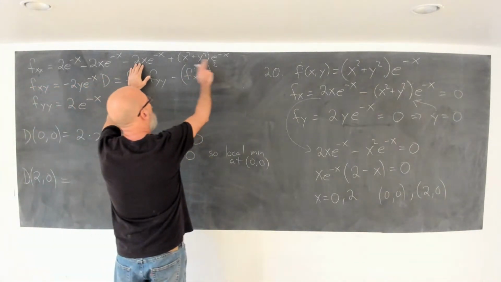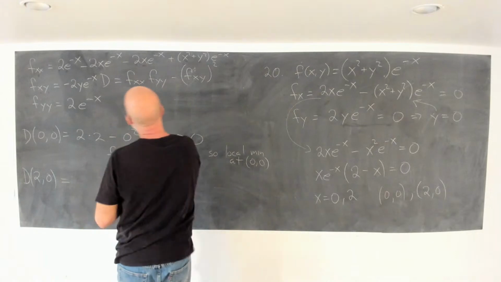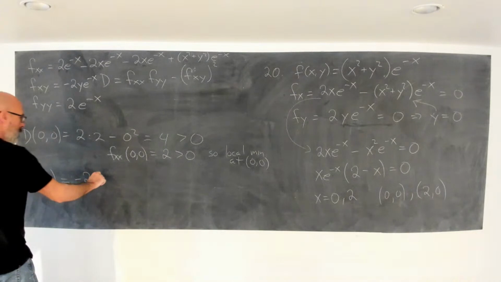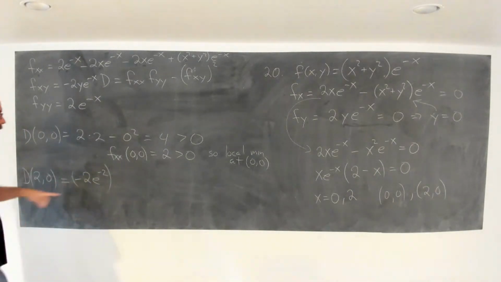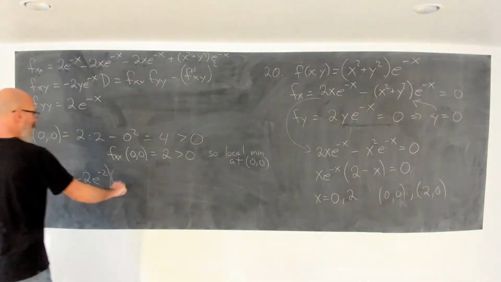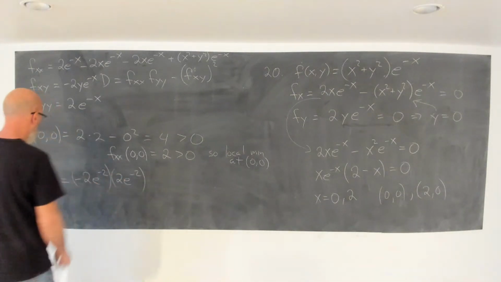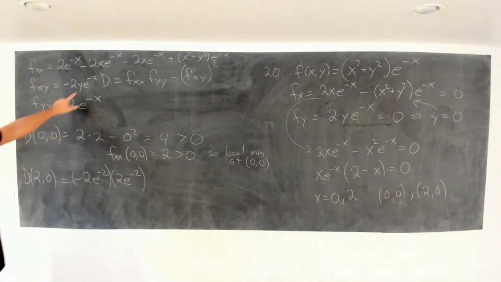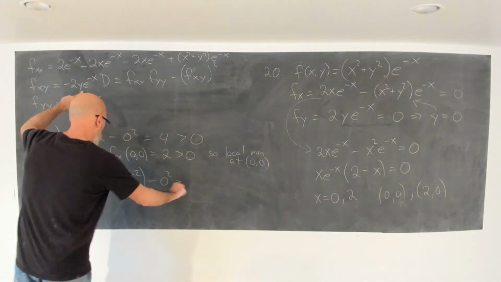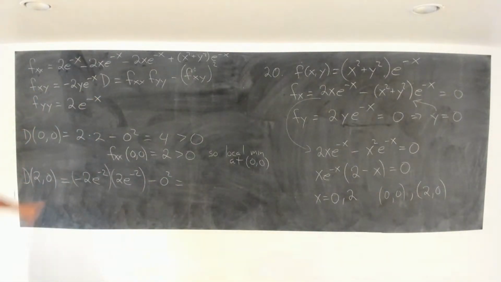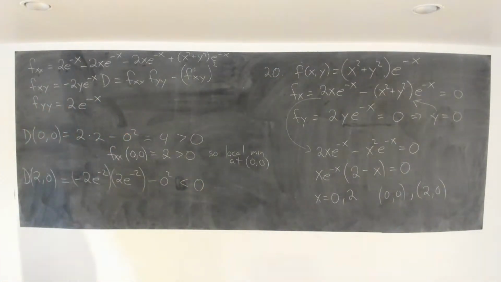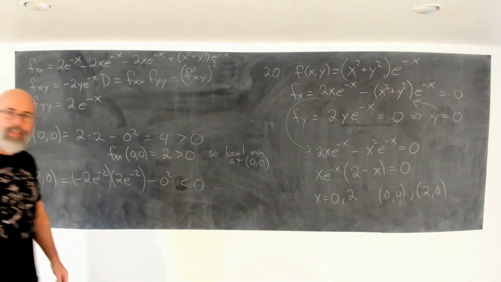And then here you have a 4 minus 4, so you're left with a minus 2 e to the minus 2. That's what I claim is f(x)(x). fyy is 2e to the minus 2. And this business is going to be 0 again. So regardless of what that is, you know that it is negative. And so you have a saddle point.